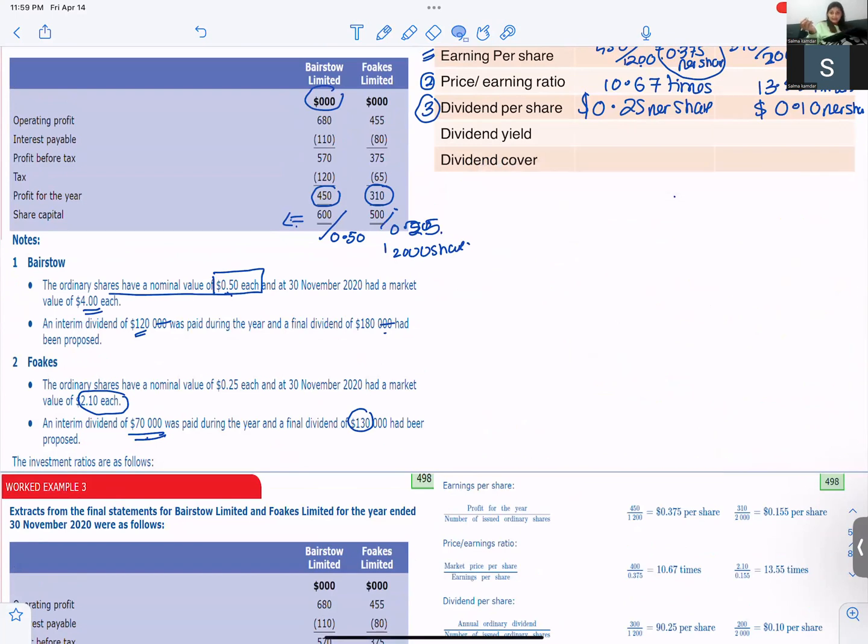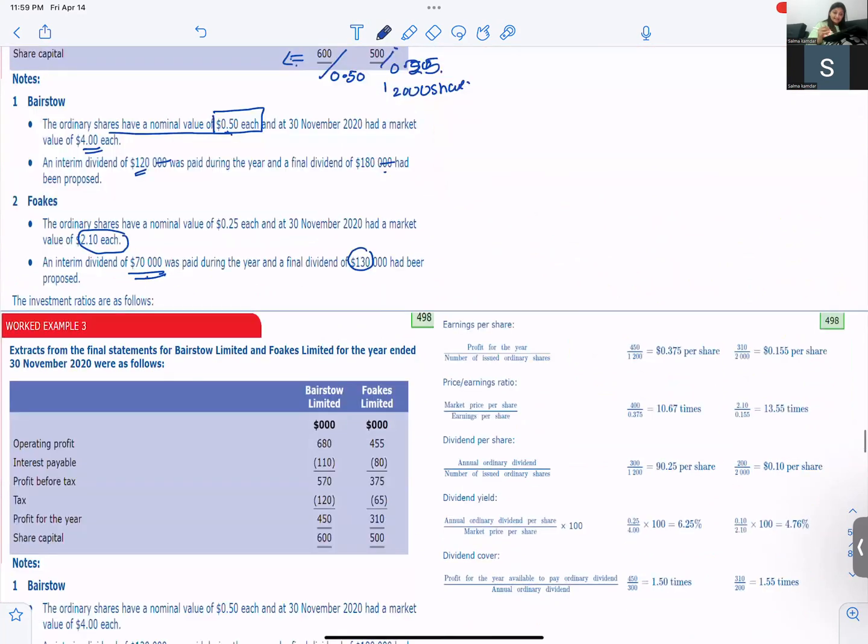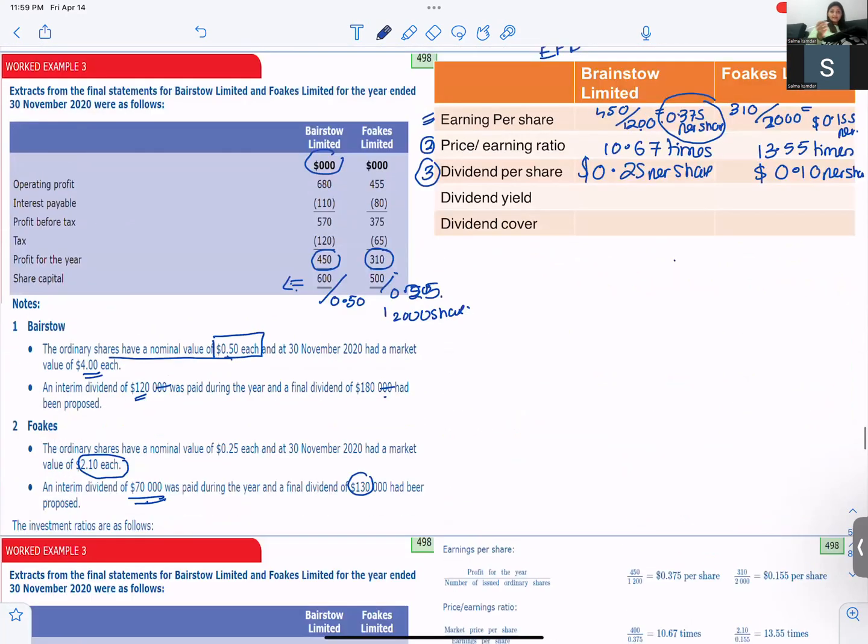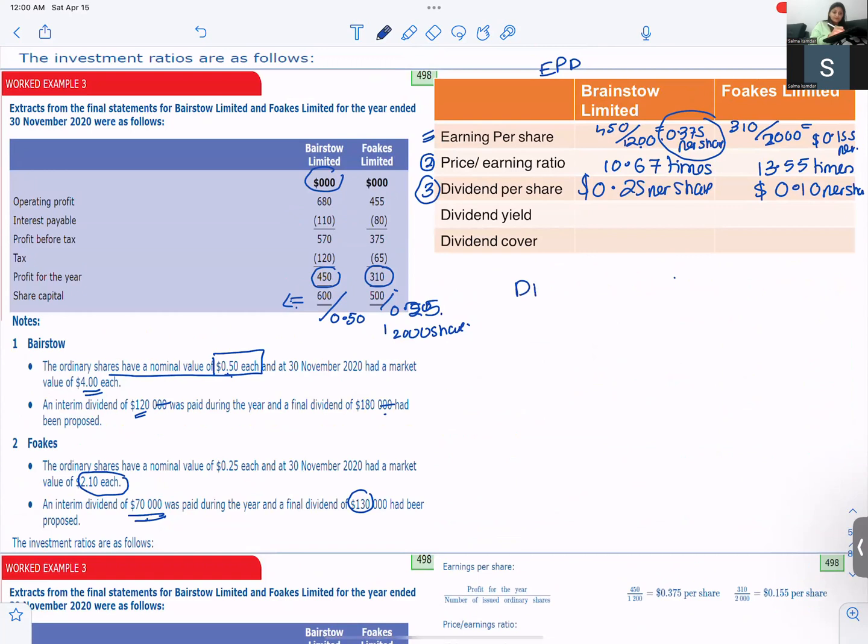How do you calculate the dividend yield ratio? This is calculated as a percentage. So the dividend yield ratio formula is annual ordinary dividend per share divided by market price per share, into 100.